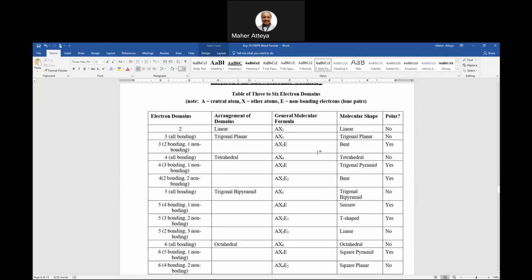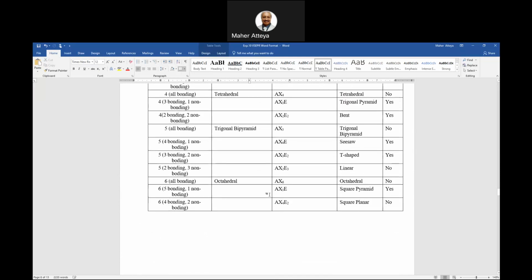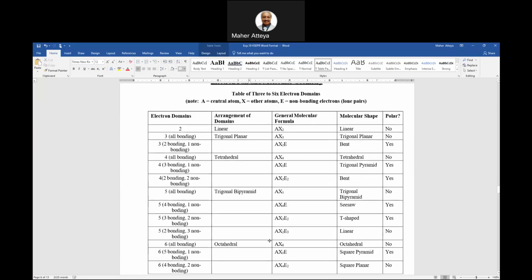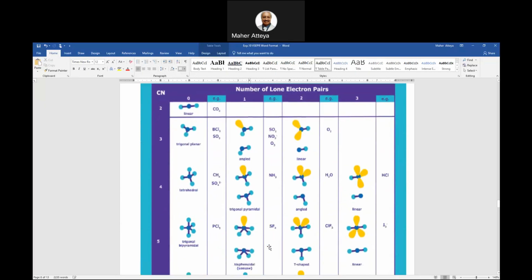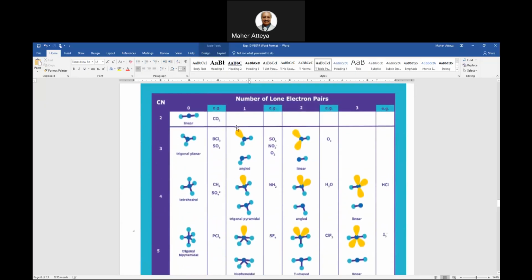You can use it, but on the final exam, this one will not come. So make sure you understand the whole arrangement, so you can understand what's really going on. This is very important for the quiz I will put. This table is very important for the quiz. So if I go here, I give you some examples. See the lone pair?